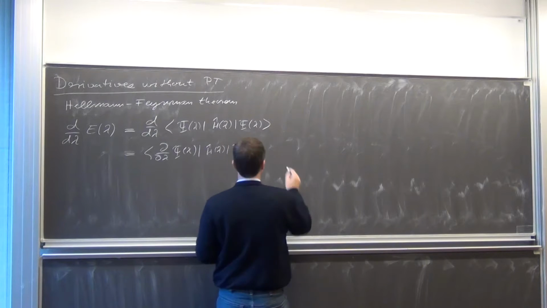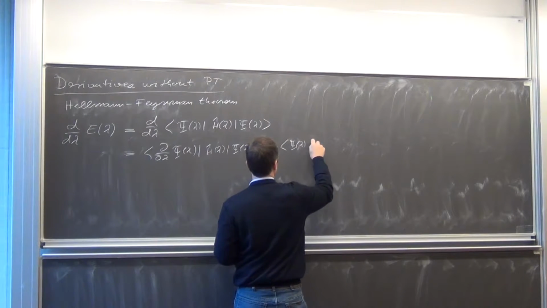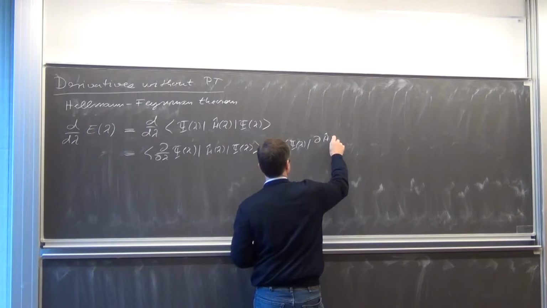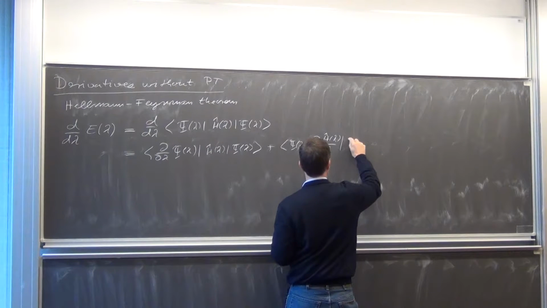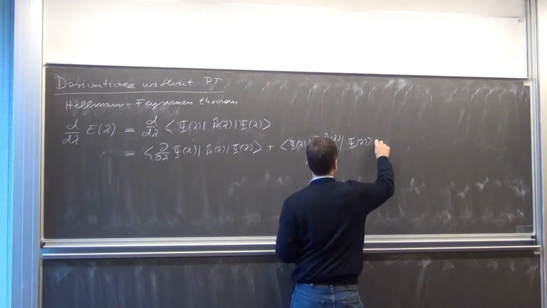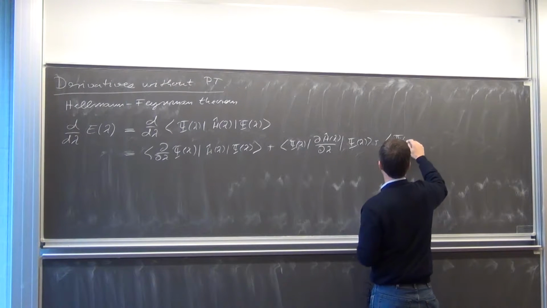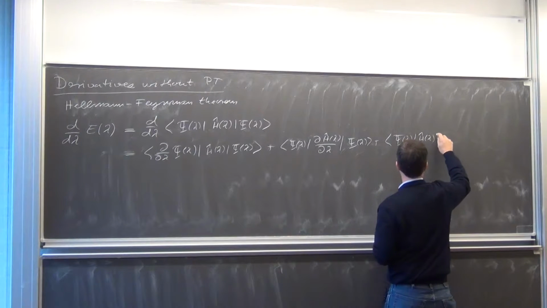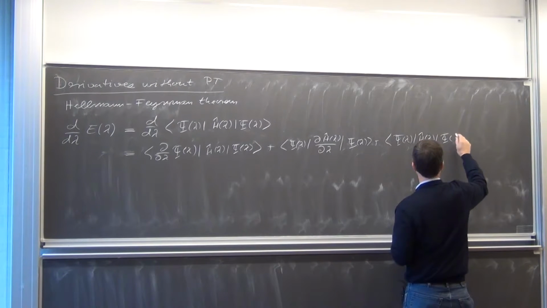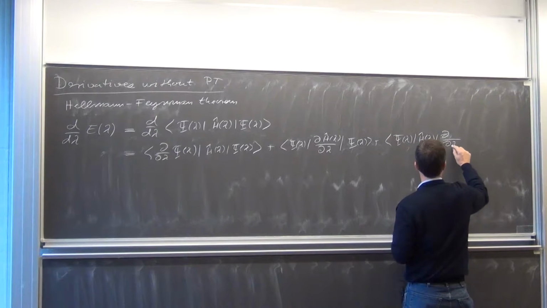Then, with respect to the Hamiltonian, the derivative of the Hamiltonian with respect to lambda. And finally, the derivative of the wave function in the ket.